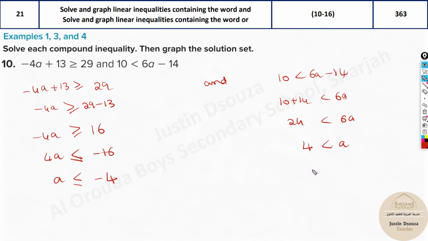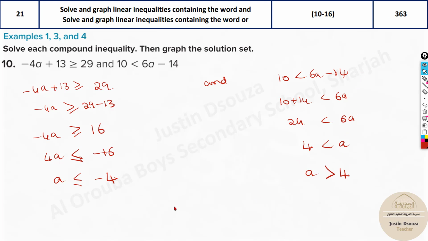We'll just write the same thing. A greater than 4. That's it. We have just rewritten this. Now here the inequality flipped because we changed the sign throughout. But here it's not the case. We just have written it, the variable first, the number next. A was greater than 4 or 4 is less than a. The same thing remains here. A is greater than 4 or 4 is less than a.